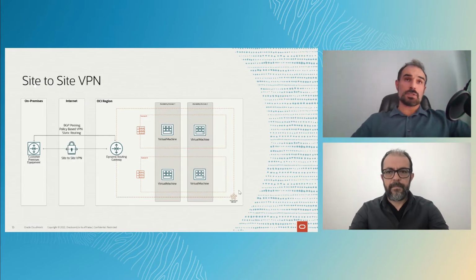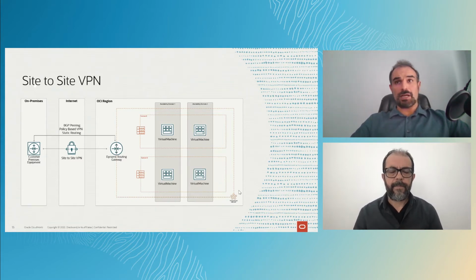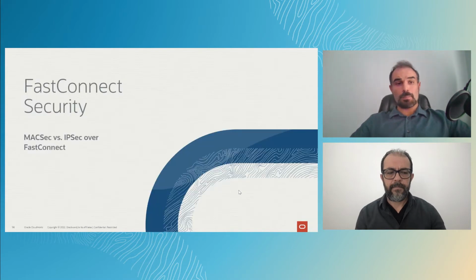This is the site-to-site VPN using IPsec tunnels. It can be set up in a matter of minutes, but has limitations in terms of bandwidth, latency, and jitter. Definitely not recommended for major and permanent solutions where customers want to connect big OCI footprints to their mission-critical applications.